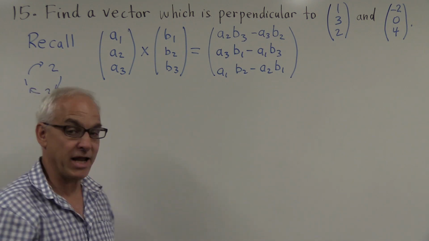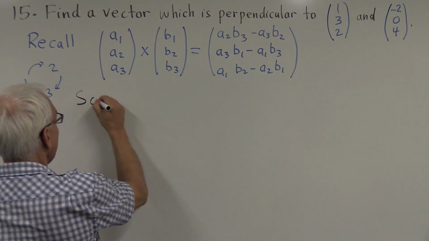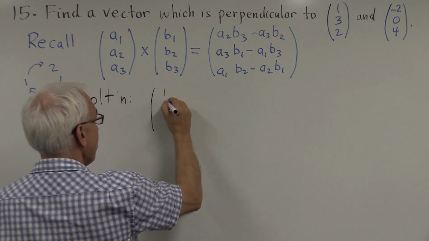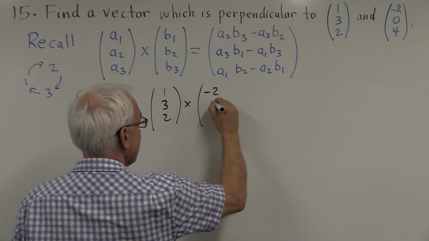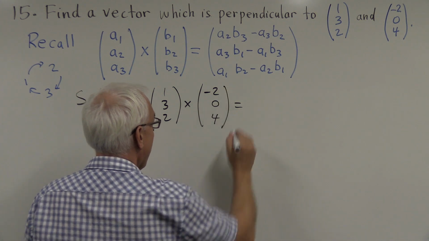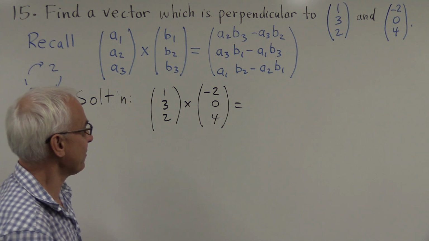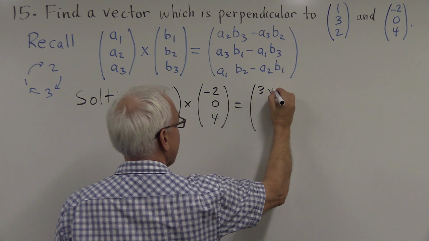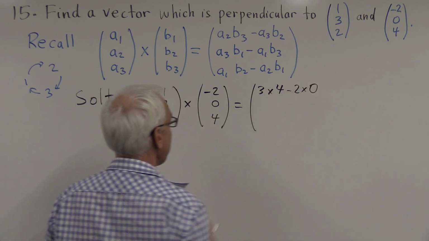Okay, so in this particular case, it's relatively straightforward to compute the cross product. So our solution is, we just take 1, 3, 2 cross minus 2, 0, 4, and we apply this rule. So the first entry is 3 times 4, I might write it up here, 3 times 4 minus 2 times 0.